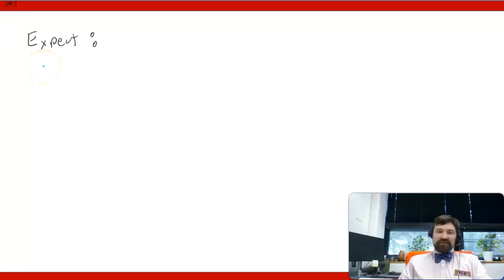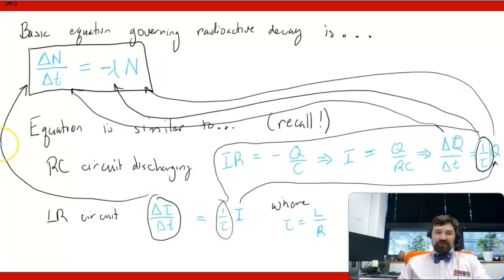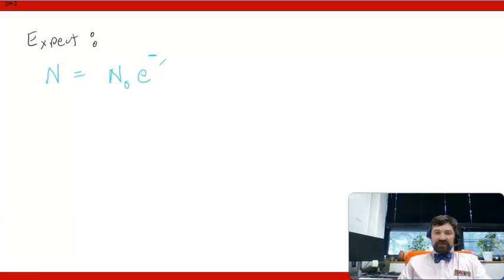What we expect is that the number of nuclei remaining should be whatever our starting number was, N naught, times e to the negative, and this would be like a t over tau, but our 1 over tau is just equivalent to lambda, so we could write e to the negative lambda t.